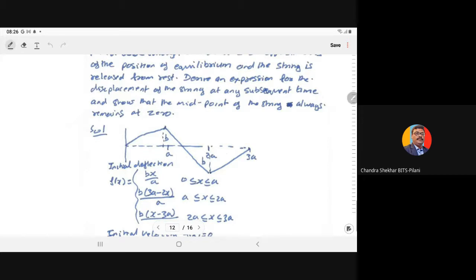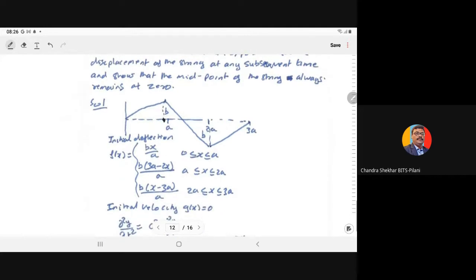We divide the string into three parts, and the first and second points we keep aside by the distance b, like this, as in the given figure. So from the point a we have a stretch on the positive side, and at the point 2a we have a stretch on the negative side. Then we release.